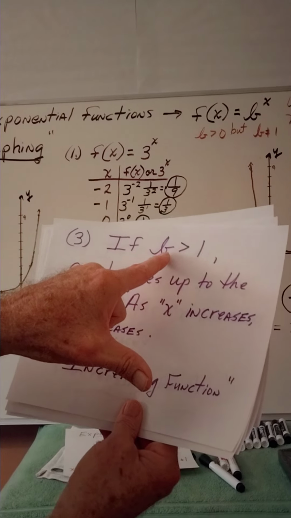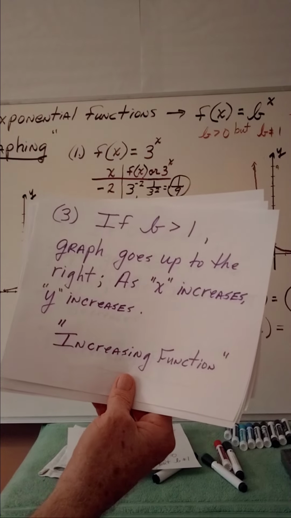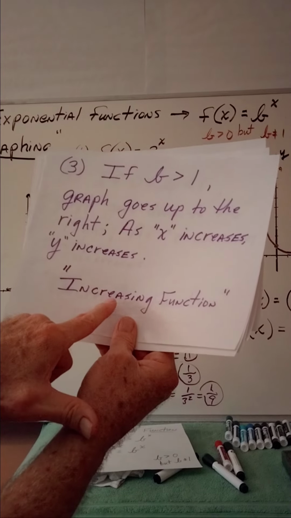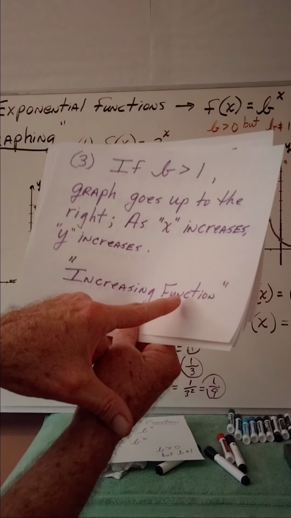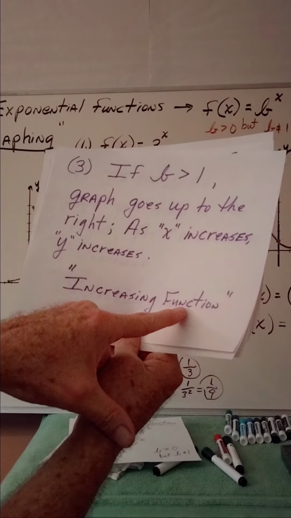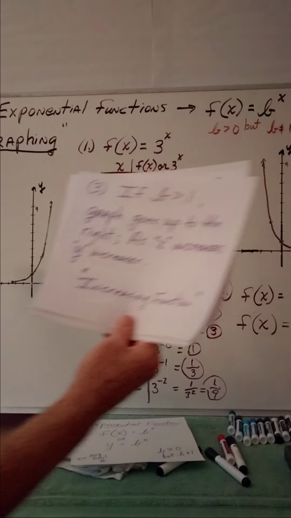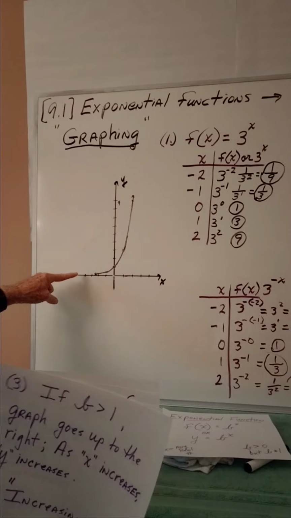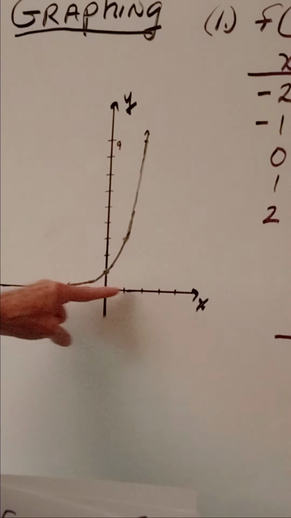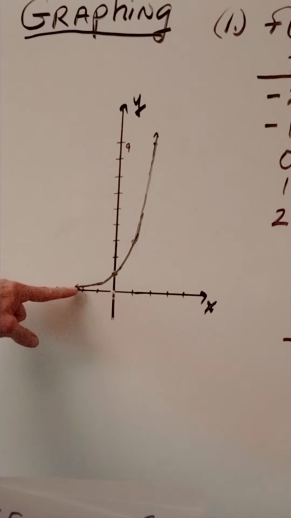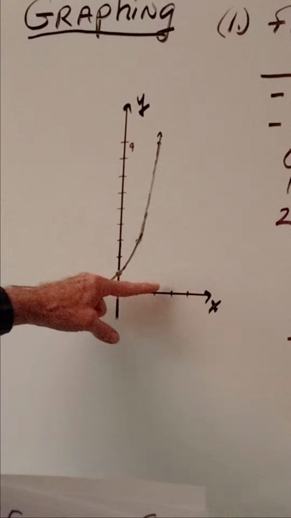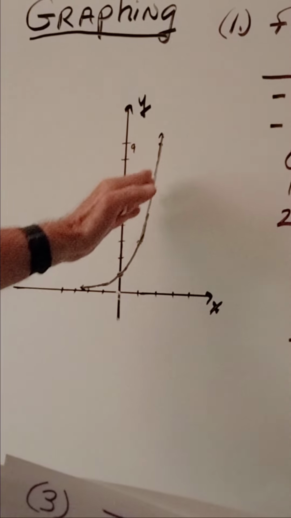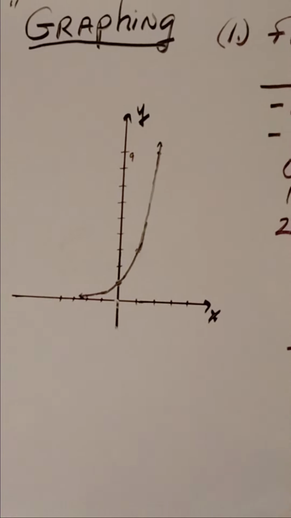When the value of the base is greater than 1, you will have what's known as an increasing function. An increasing function is one where, as the value of x increases, the value of y will increase as well.